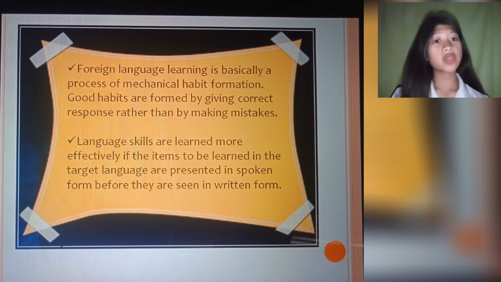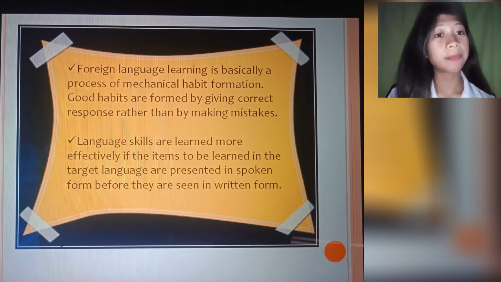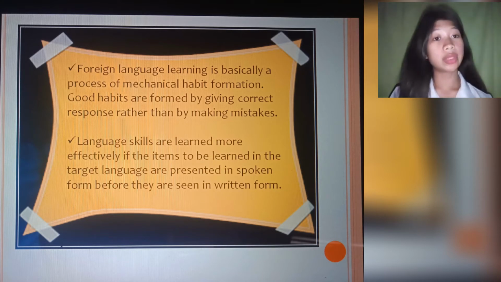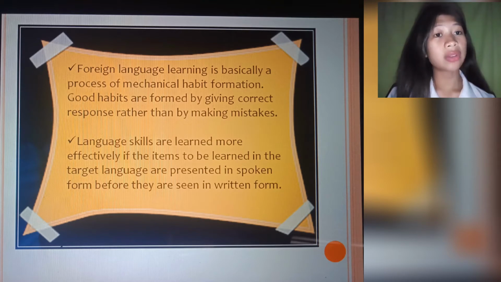So as a teacher, we need to be sure that our pronunciation and utterance are right before we teach it to our students to avoid mistakes, because language is verbal. It has automatic production and comprehension of utterance.